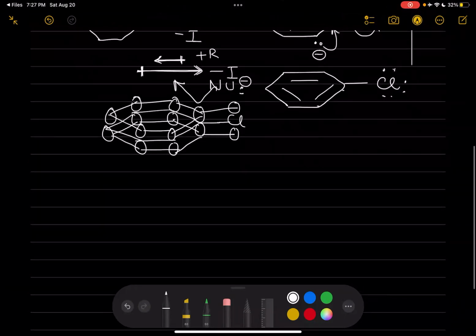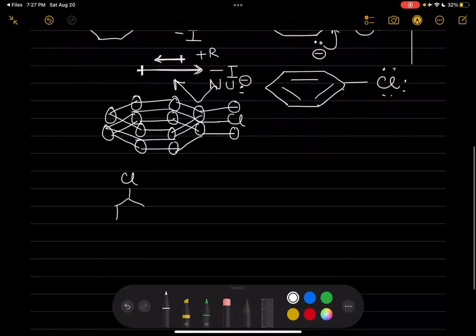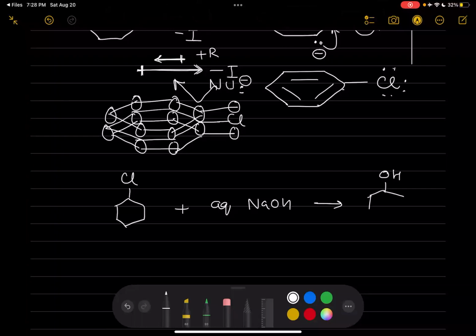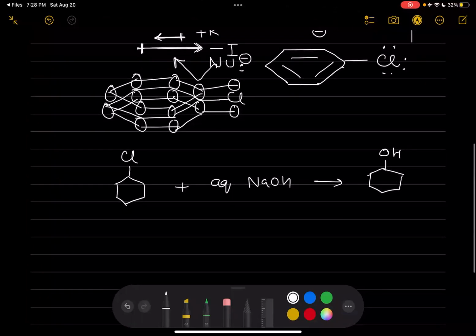If you take chlorocyclohexane and aqueous NaOH, the reaction happens easily. This is not an aromatic halide, this is an aliphatic halide. Every cyclic ring is not benzene. Be careful. It doesn't have a double bond. This is just like a normal alkyl halide.